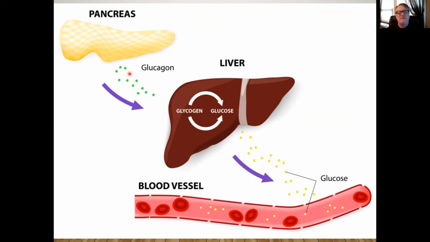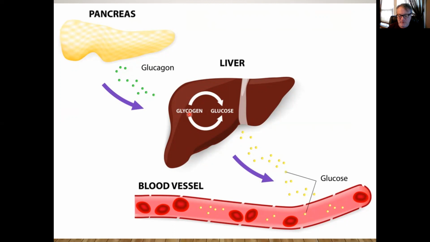Conversely, which is not shown in the slide, if there's too much glucose in the blood, the pancreas secretes insulin, which reverses this process so that the liver starts taking glucose and forming glycogen from it. So it can be released later on when you're in between meals.